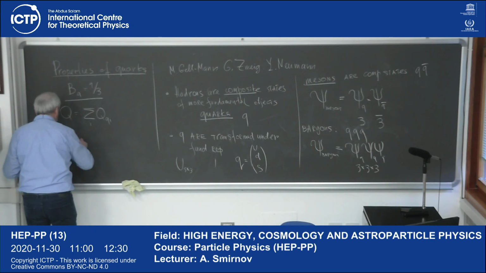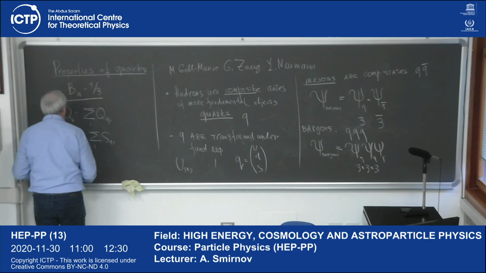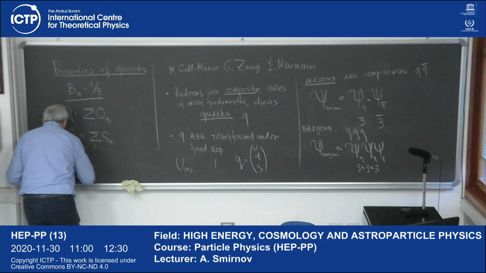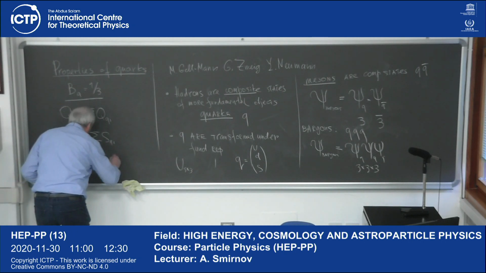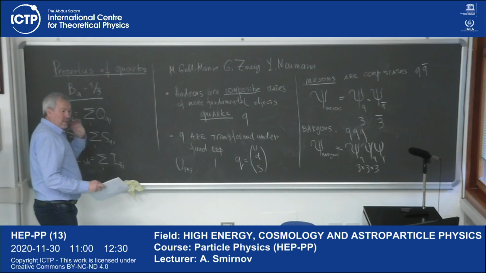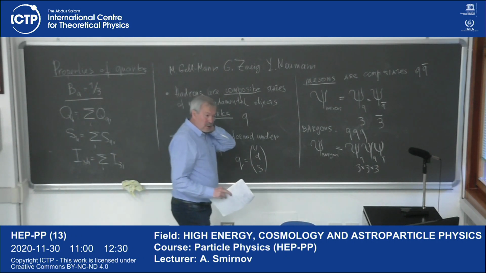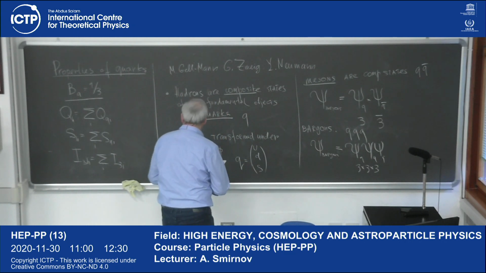The total strangeness of a hadron equals the sum over strangeness of the quarks which enter. And the same is for the third projection of isospin. For a hadron it is the sum of the third projections of isospin of the quarks. So using this, and you will have an exercise to check, you can reconstruct what should be the properties of quarks.